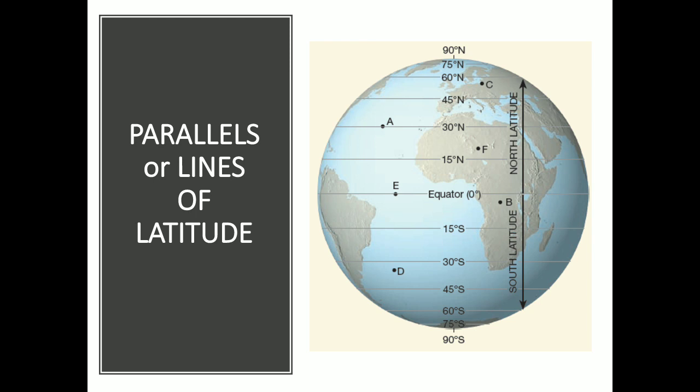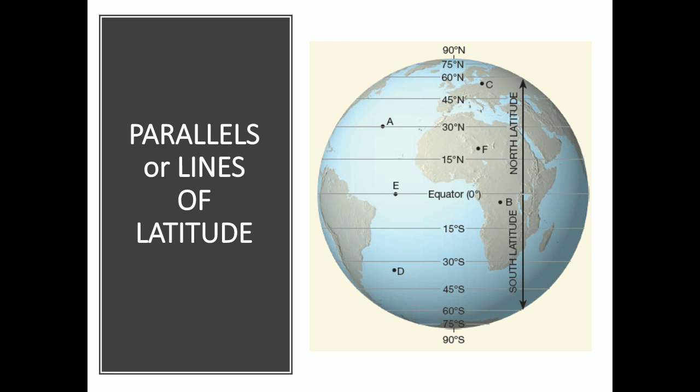Likewise, if we come towards the southern side, here again we have taken the 15 degrees difference. So 15 degree south we will reach some place, then 30 degree south, then 45, then 60 degree, then 75 and finally 90 degree south. Right now we know the poles are at 90 degree north and 90 degree south.